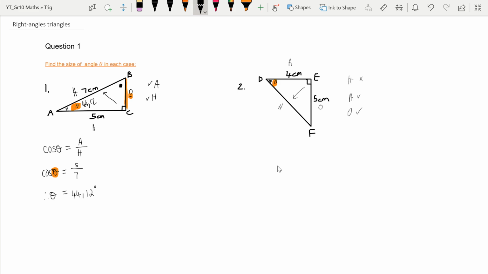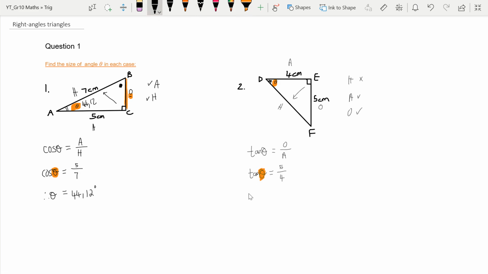Let's build an equation. That must be tan. Tan theta is equal to opposite over adjacent. Let's substitute that. Tan theta, my opposite is equal to 5. My adjacent is equal to 4. Calculator work: we need to let the calculator know that we are not giving it an angle, we are giving it a ratio of sides.